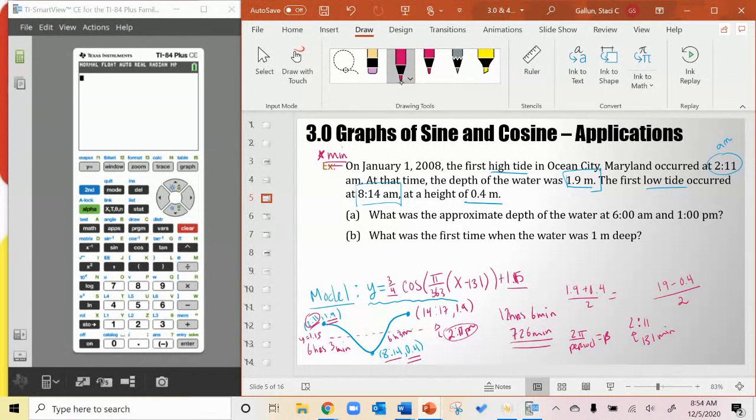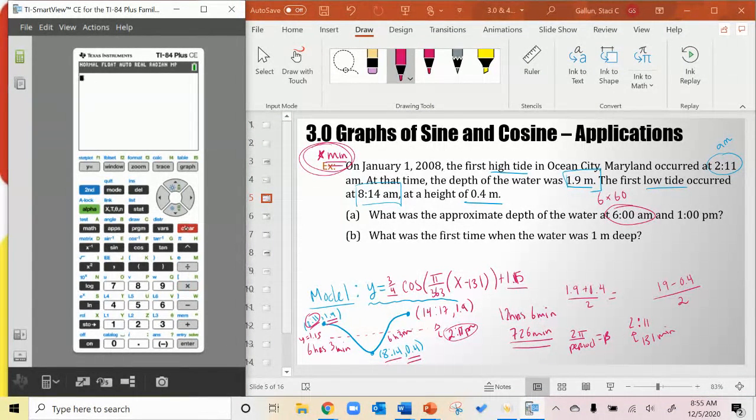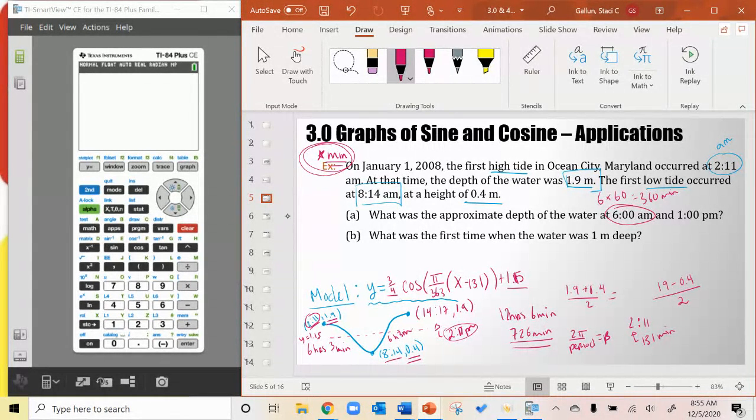I can make some of these predictions. So what was the depth at 6 a.m.? Well, don't forget that I'm working in minutes, so I need to convert that. I need to do 6 times 60, which is 360 minutes. 1 p.m. is 13, so I need to do 13 times 60, sorry, 780 minutes.